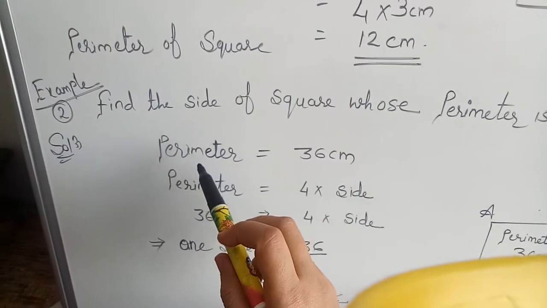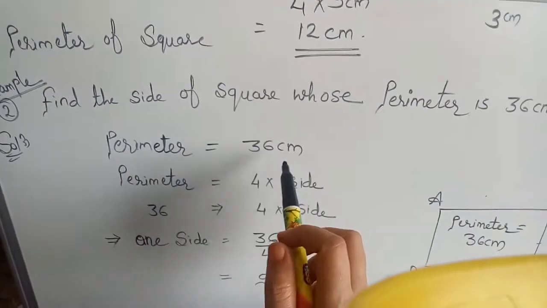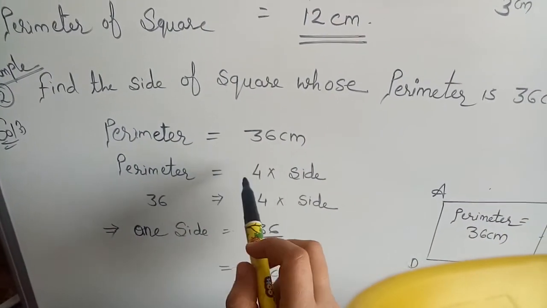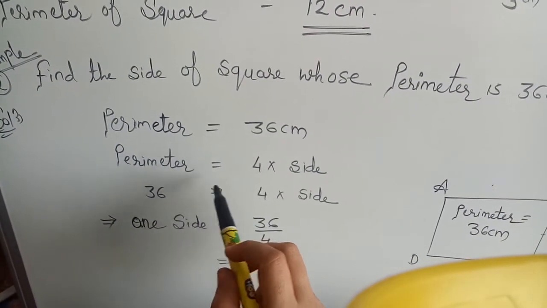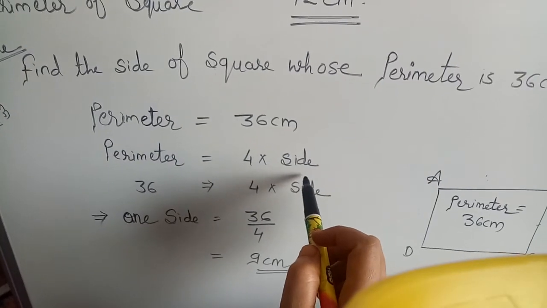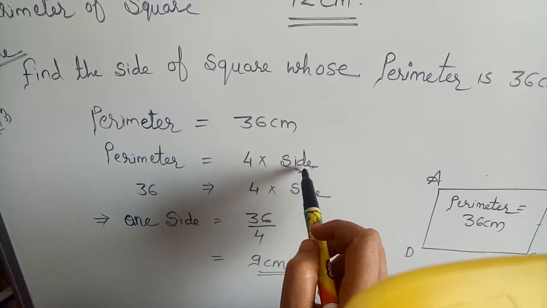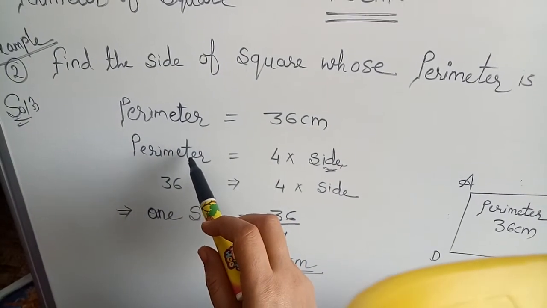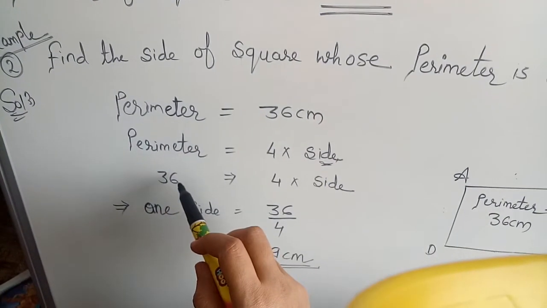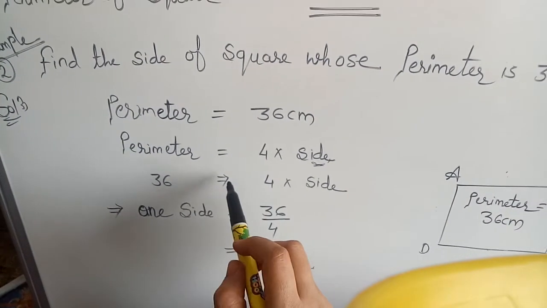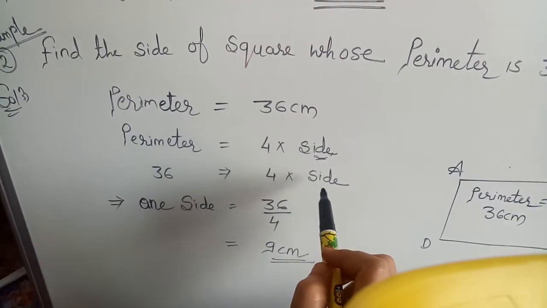See, perimeter we know, perimeter is equal to 36 centimeter. And what is the formula of perimeter of square? Perimeter of square is equal to 4 into one side, and we have to find that only. So the value of perimeter is 36 centimeter. Shall I put it here? This is 36 is equal to 4 into side.